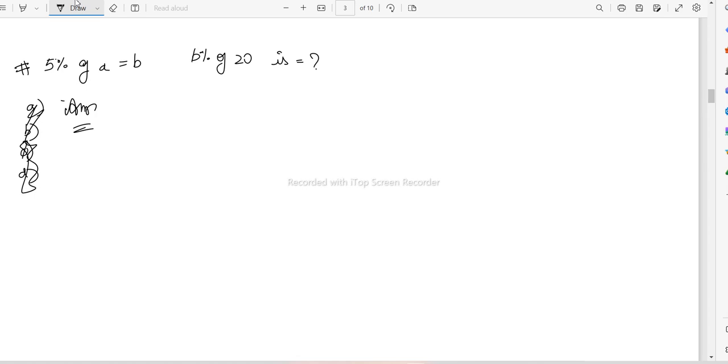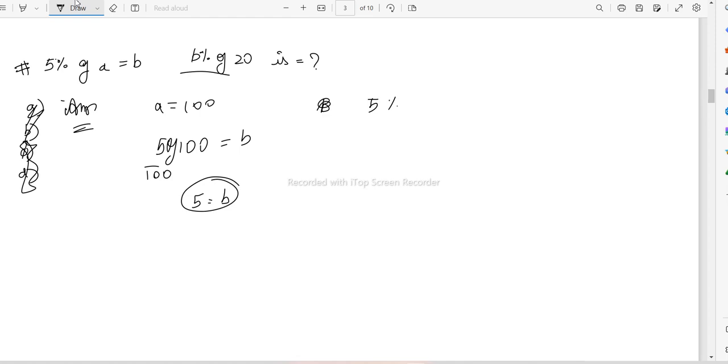Okay, so we know that 5% of A is equal to B. So let A be equal to 100. So 5% of 100 is equal to B. 5 upon 100, so the value of B would be equal to 5 from here. Now he's telling you that B percent, 5% of 20, is equal to what? So 5% of 20 would be equal to 5 upon 100 into 20.